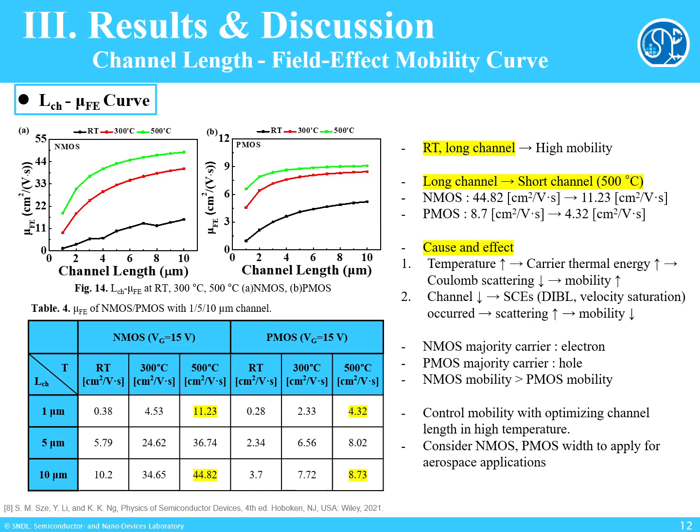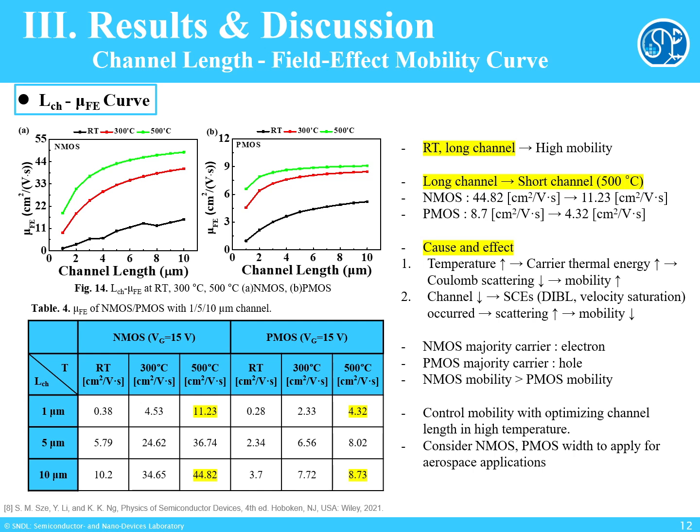Here we see mobility as a function of channel length. At 500 degrees, NMOS drops from 45 to 11 as it is scaled from 10 to 1 micrometer. PMOS also drops from 8.7 to about 4.3. So temperature improves mobility overall, but short channels suffer from DIBL and velocity saturation.